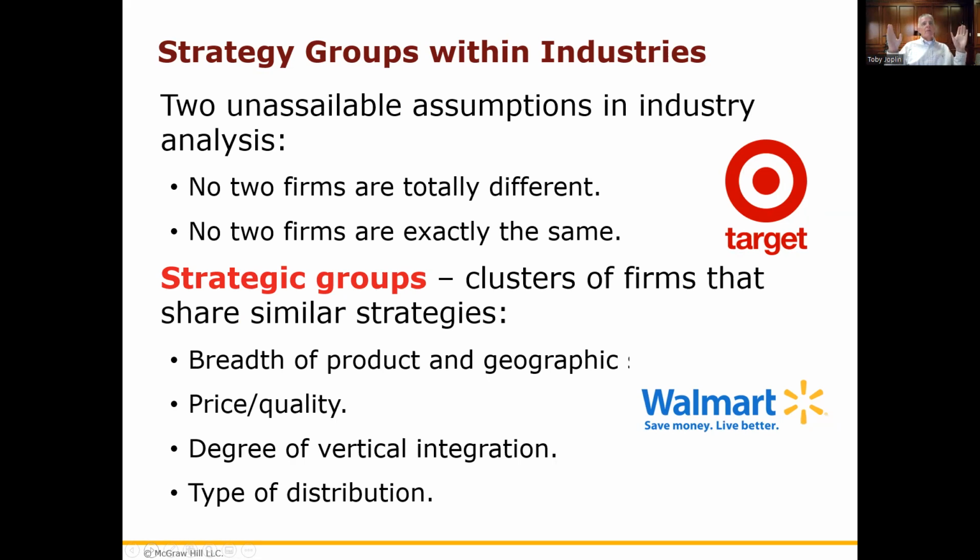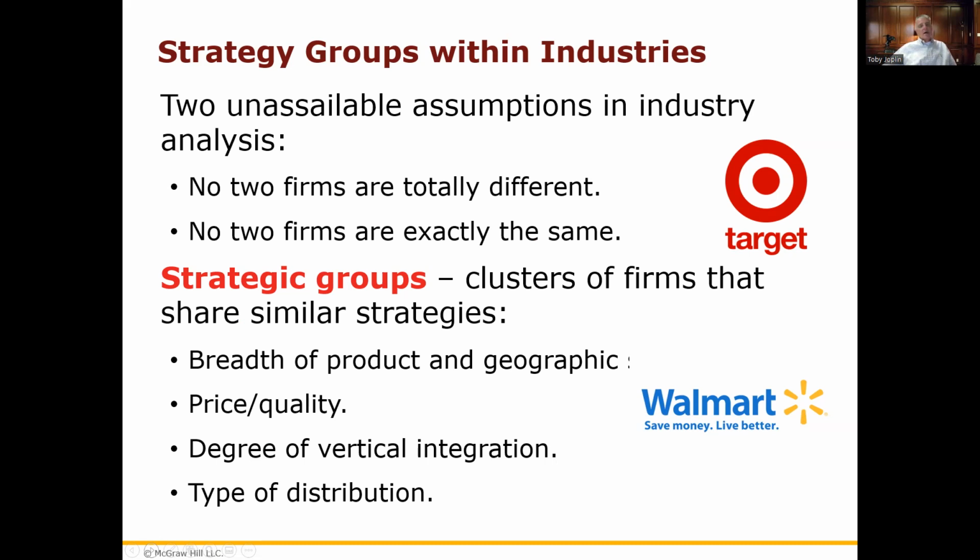Some people compete as being the low price or low cost product, and some are high quality, high price. The way they distribute, you can group companies into strategic groups by their distribution method. Are they completely online? Are they brick and mortar? But looking at industry groups can be an effective tool too.